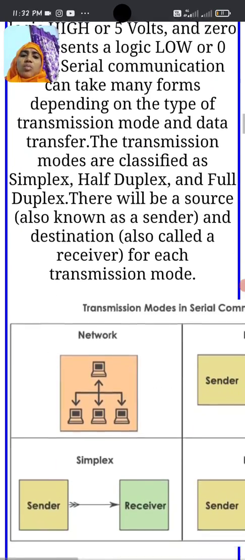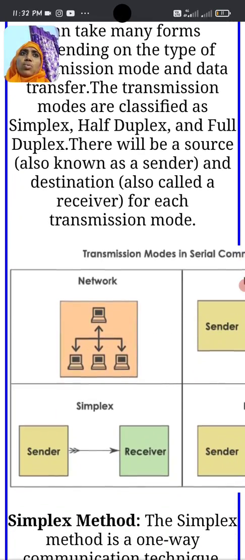In serial communication, the data is sent through a single wire, serially, one by one. So it is slow compared to parallel communication. Even though it is slow, it has more advantages than parallel communication, because the circuit complexity is very low, as we use only a single wire to transmit the data.